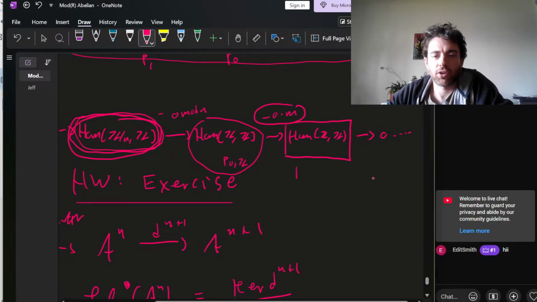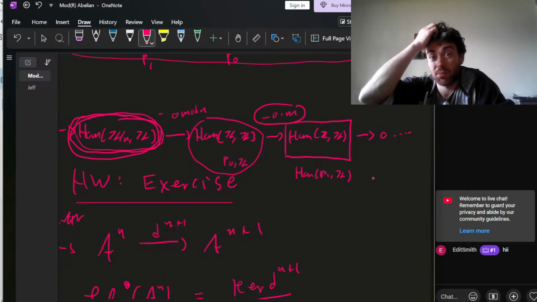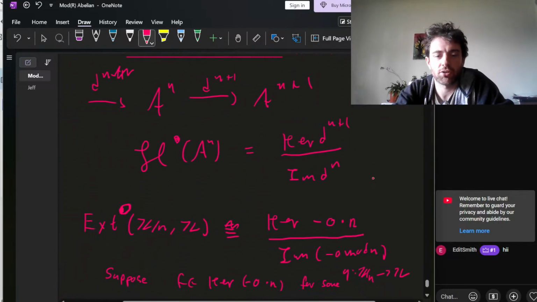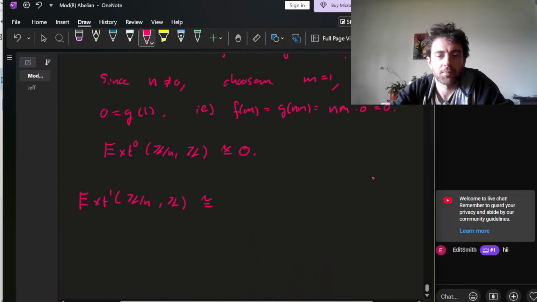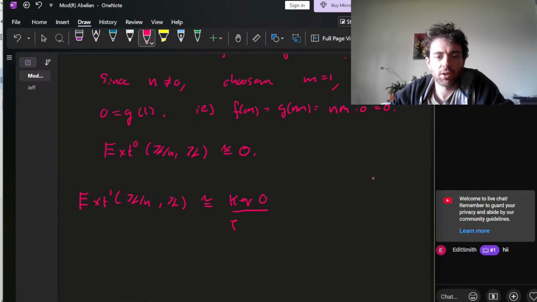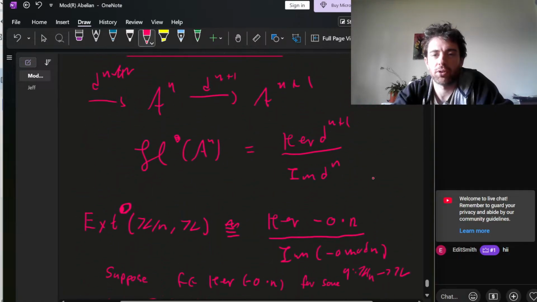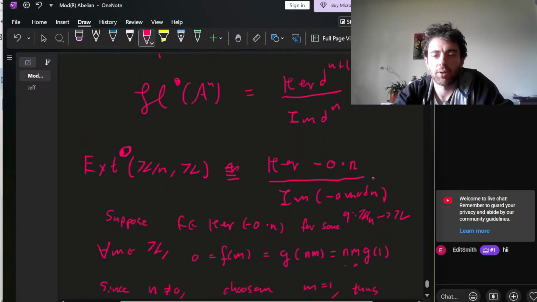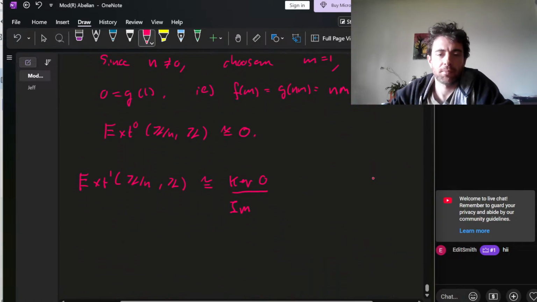Because this is like Hom(P_1, Z). And this is the 0 map here, right? So certainly in this case, it's going to be the kernel of the 0 map modulo the image of, what was it, precomposition by multiplication by n.